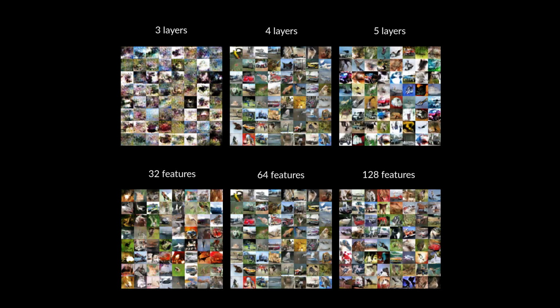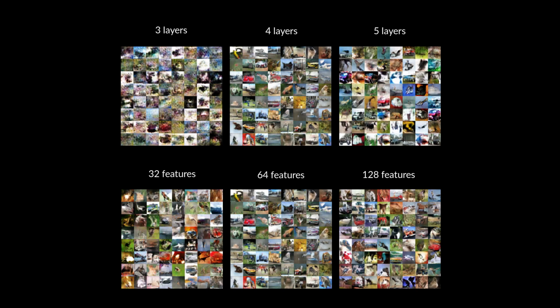Here we see some experiments which illustrate how varying the specifications of the deep convolutional networks in the GAN also influences the quality of the samples. On the top row, we see how increasing the depth of the network increases the sample quality. The 5-layer network has quite compelling colors, while the 3-layer network barely converges. On the bottom row, again, increasing the number of features increases quality.